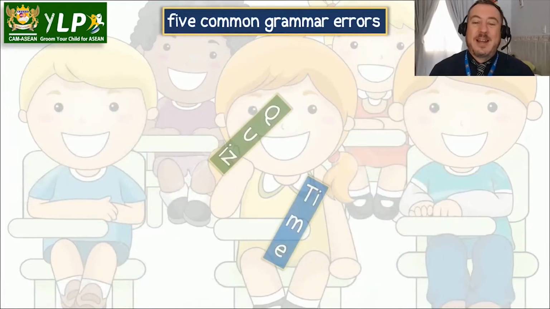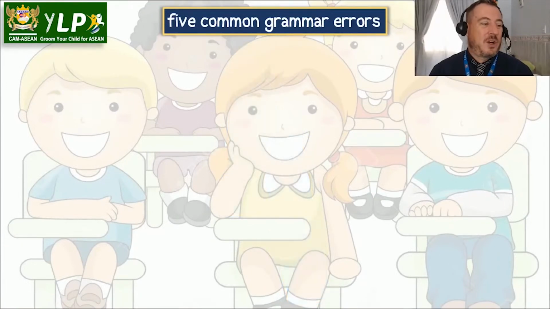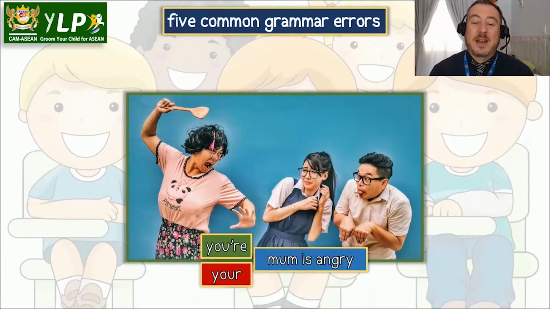Right, okay, let's have a little quiz. Let's see what you remember. So we've got this picture here. Now, is it the green yaw or is it the red yaw? Your mum is angry, but is it the green yaw or the red yaw?